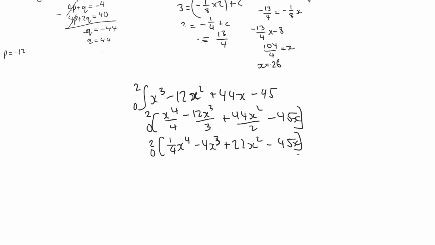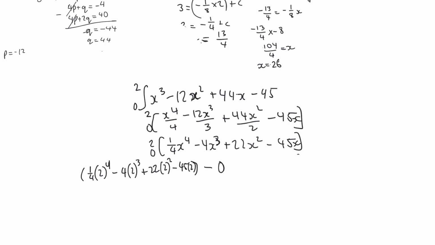Okay, so now that I've done that, substituting the values, remember you're going to do all of that of 2, take away 0. So a quarter times 2 to the 4 minus 4 times 2 cubed plus 22 times 2 squared minus 45 times 2.